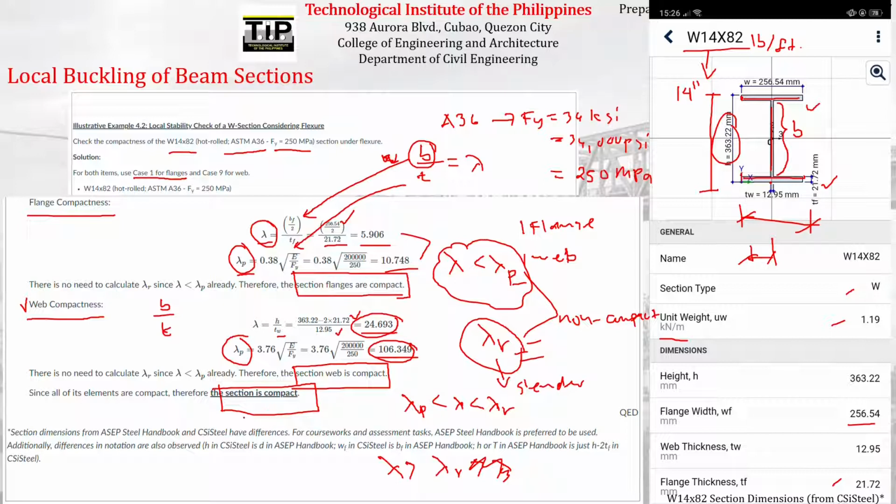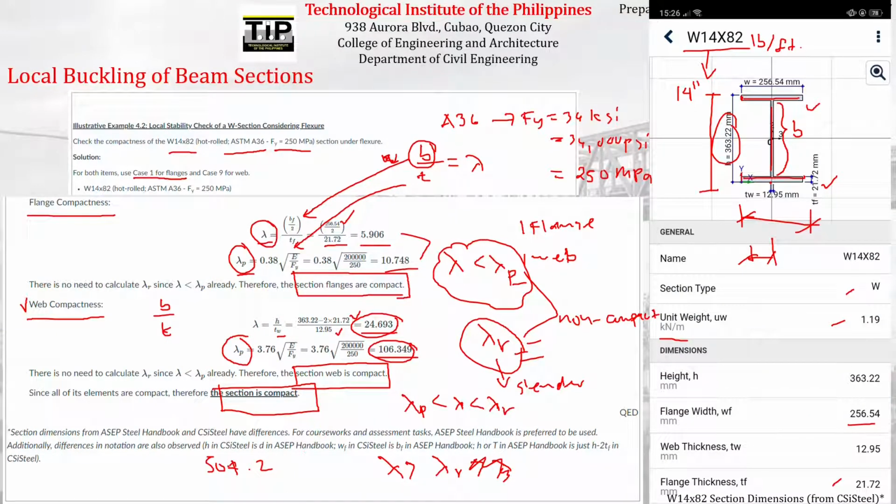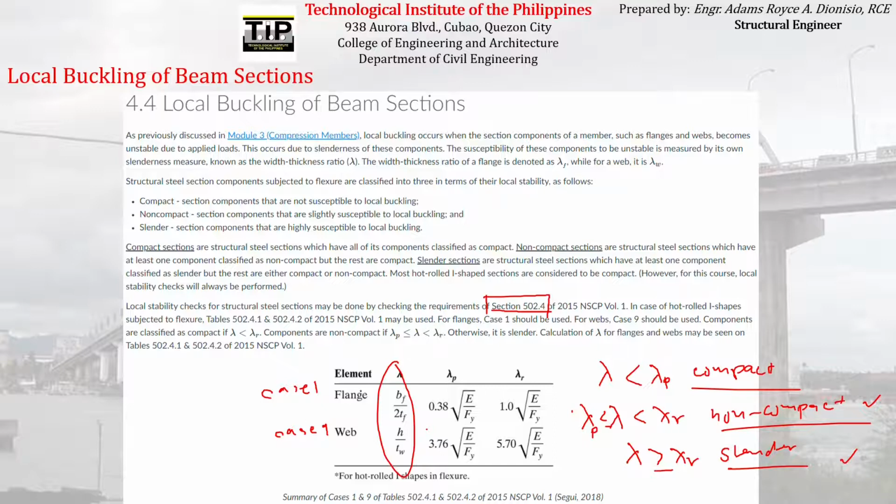So therefore, since it is a compact section, we can refer to the provisions of section 504.2, if I'm not mistaken. It's 504.2 of the NSCP 2015 Volume 1 Code. Okay? 502 pala, sorry. It must be 502.4 according to this portion here.